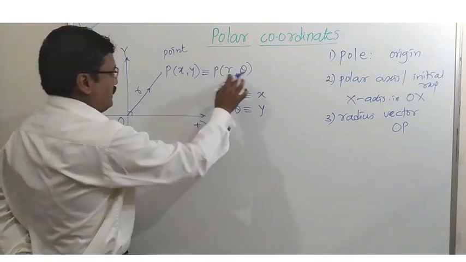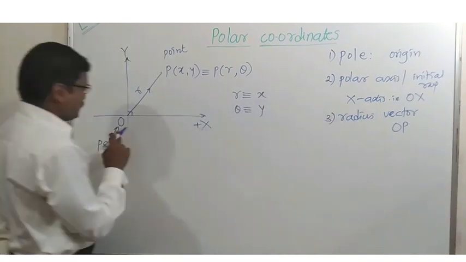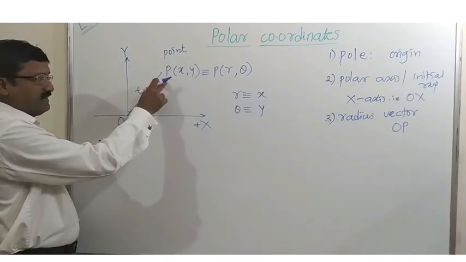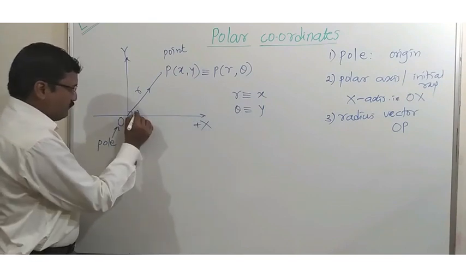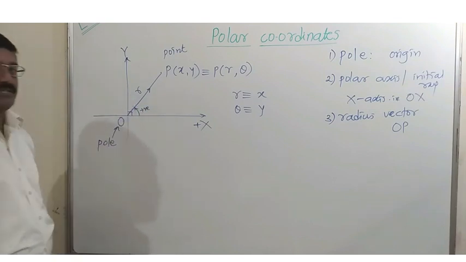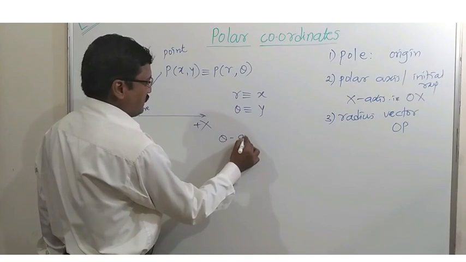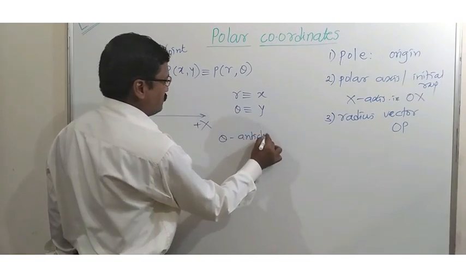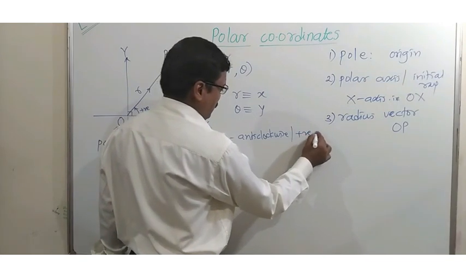Now let us see what is meant by theta. Now we have considered the polar axis as OX. This OP is another vector. OX is the first vector. So the angle between these two vectors is positive, and positive means anti-clockwise. So this theta is anti-clockwise, obviously a positive angle.